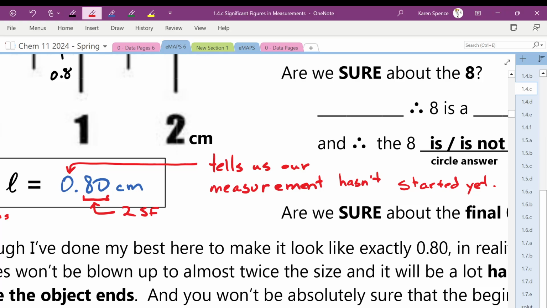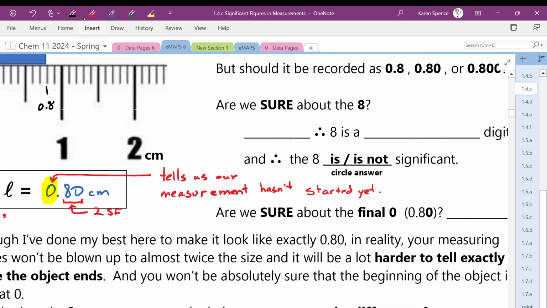In other words, that 0 right there, the highlighted one, is just a placeholder. It is not a significant figure. Is that okay?